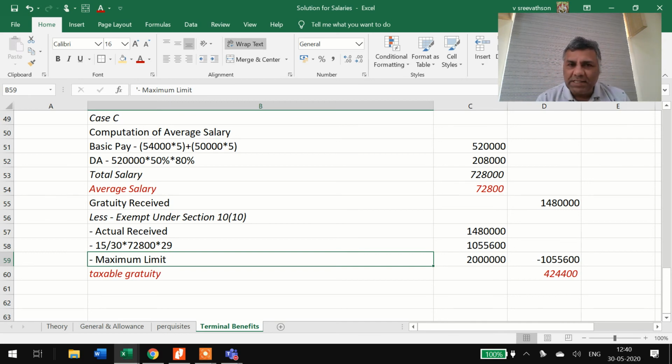I hope this is clear to all of you. This is how we will compute the average salary and then the normal exemption formulas.